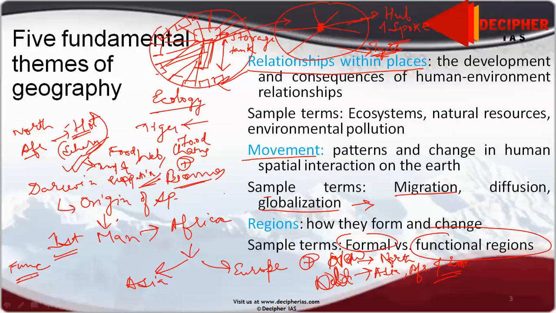We also have one more region called perceptual region. This is not the universal truth. This is a perception. Supposedly, Western people think that Indian people are not very clean. As we know, we have manual scavengers, and that we don't care about hygiene.